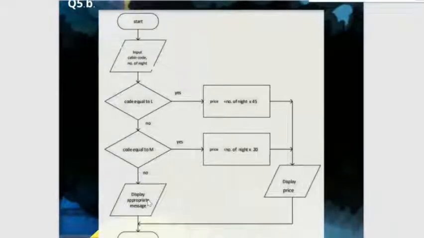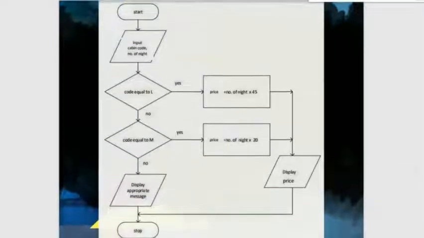Alright. Display appropriate message sebelum pergi stop. Kalau user pilih L atau M, selepas buat pengiraan, make sure that awak display dulu sebelum pergi stop. Okay. Tak kisahlah display awak nak letak kat sini ke, ataupun display tu awak nak adjust letak kat sini ke, tak ada masalah.